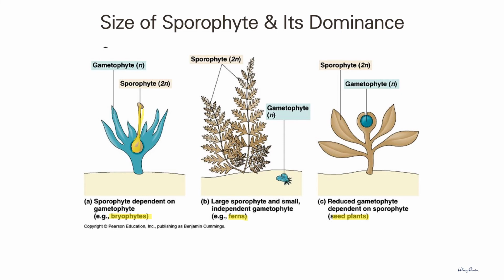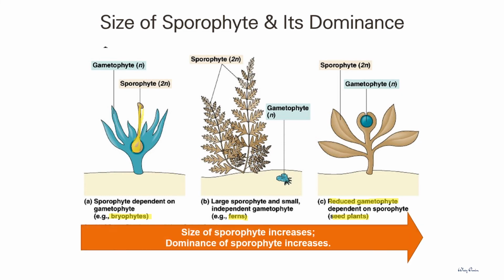The last are seed plants, which consist of Gymnosperm and Angiosperm, and show reduced gametophytes, which are dependent on the sporophyte because they are non-photosynthetic. So, the size of the sporophyte increases from bryophyte to angiosperm, and the dominance of the sporophyte increases as well.